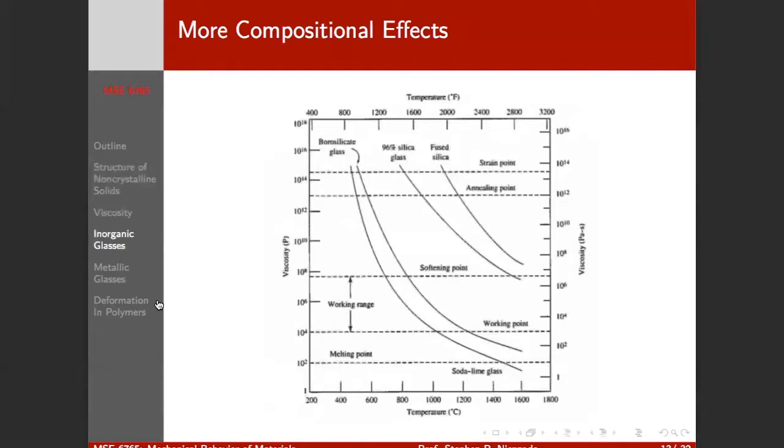The strain point is a loosely defined term: if you cool it too quickly past that point, the residual stress buildup can cause your piece to shatter. It's essentially the point where the viscous part of your deformation goes to approximately 0, and you only have elastic and brittle behavior.